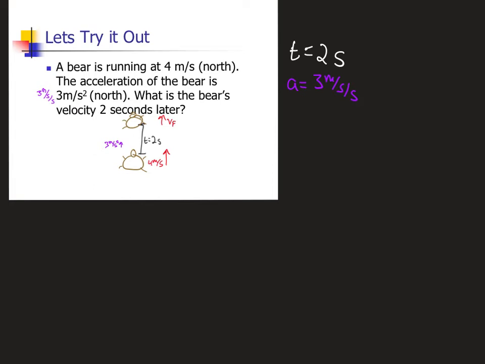I also know that the bear is initially going at 4 meters per second. What I don't know is how fast or slow, I guess, the bear is going 2 seconds later. That's what I don't know.